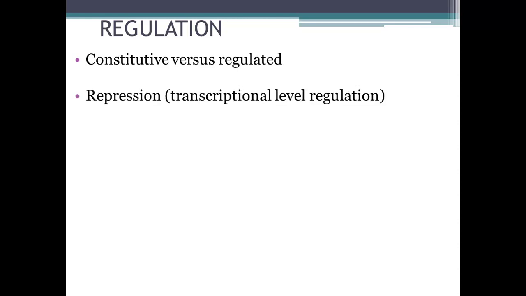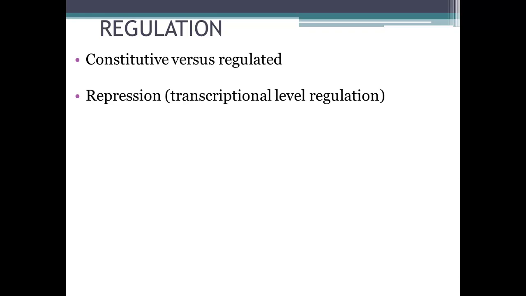Regulation is important since protein synthesis requires a lot of energy, so it's important to use it wisely. Constitutive versus regulated. Constitutive genes are expressed at a fixed rate. Regulated genes are expressed only as needed.